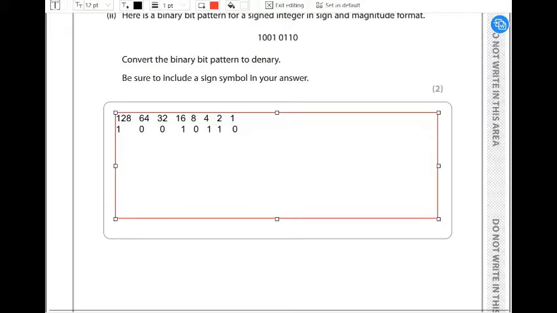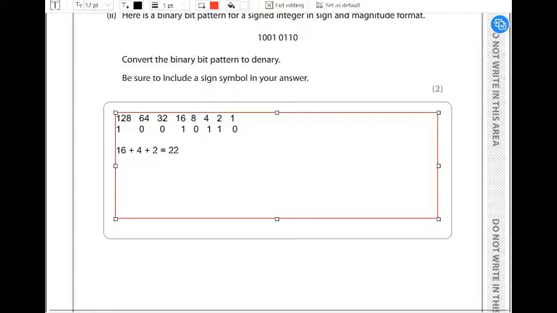So that indication that we're going to get given, it's a 1 under the 128, which is a negative. So we're going to have 16 plus 4 is 20, plus 2 is 22.